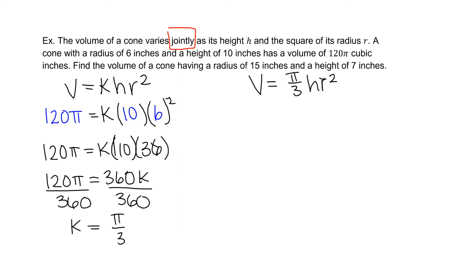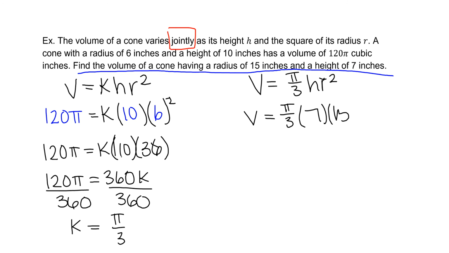So it says to find the volume of a cone having a radius of 15 inches and a height of 7 inches. So I can go ahead and replace h and r. So V is going to equal pi over 3 times 7 times 15 squared.